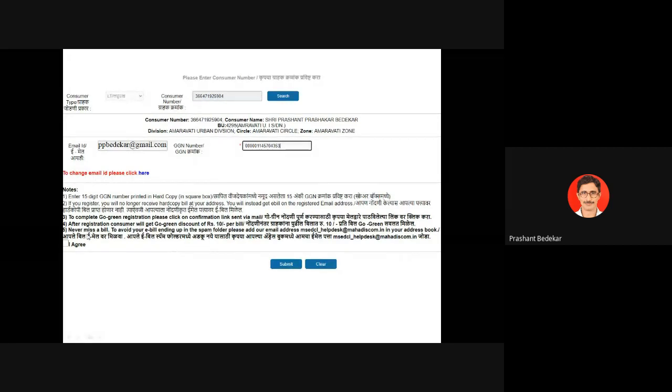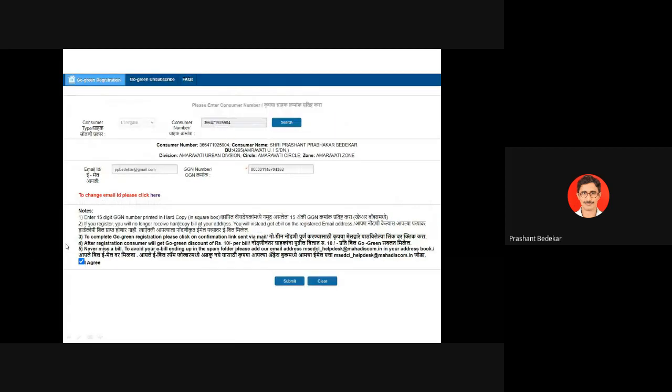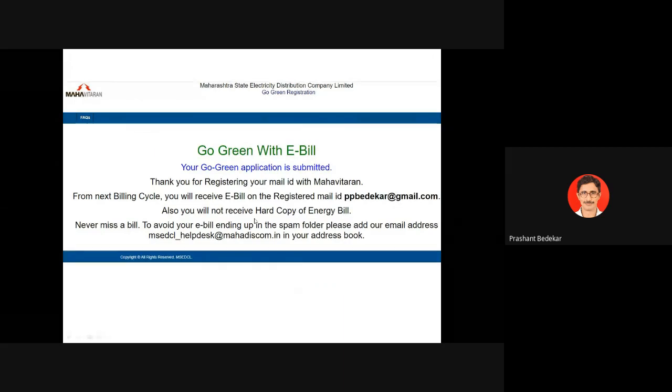After that, there are some conditions. You have to agree to the conditions just by checking this particular block. Check this block, I agree, and it will display this type of screen. You just have to click on the Submit button. So submit this and you will get this type of screen: Go Green with e-bill.